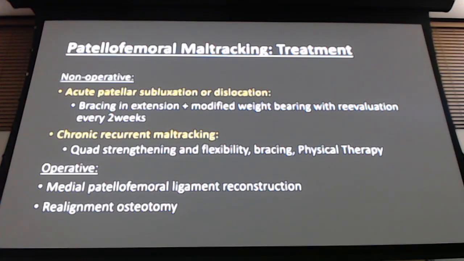Okay? Realignment osteotomy, not to get too far into that. You'll talk more about the realignment type surgeries in block 4. But basically, if somebody has genu varus or genu valgum, and it puts them at a risk for patellar dislocation, subluxation, and then subsequent dislocation, do you think that you might be able to change that alignment of the leg, the knee, in relation to the hip and or the ankle, and potentially give them better alignment, therefore less of that chance of dislocation or subluxation?